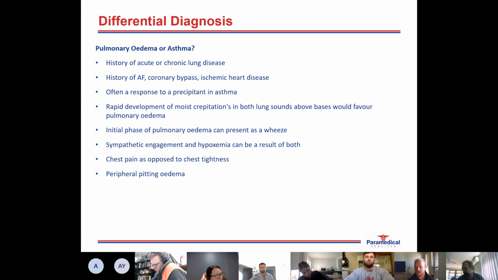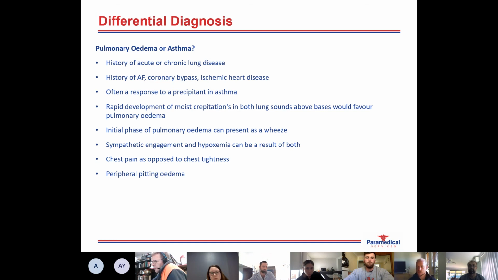So there's different places in which you will auscultate your patient to determine whether the obstructions or complications are at the base of the lungs, the mid area of the lungs, or the apex of the lungs. Initial phase of pulmonary edema can present as a wheeze. Sympathetic engagement and hypoxemia can be a resultant detection of both asthma and pulmonary edema.